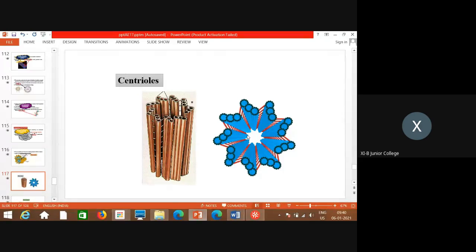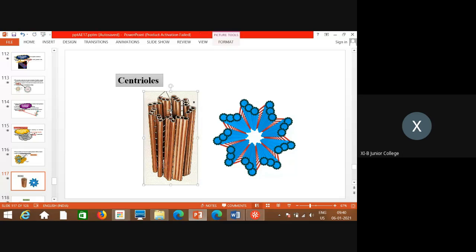In this diagram again it is clearly seen. In your textbook also a similar diagram is given. So this is the core hub, and here in this diagram you can see the central hub and the peripheral microtubules in triplet form. You can count also 1, 2, 3, 4, 5, 6, 7, 8 and 9. So these are 9 in number, microtubules made up of tubulin in triplet form present in the peripheral region.